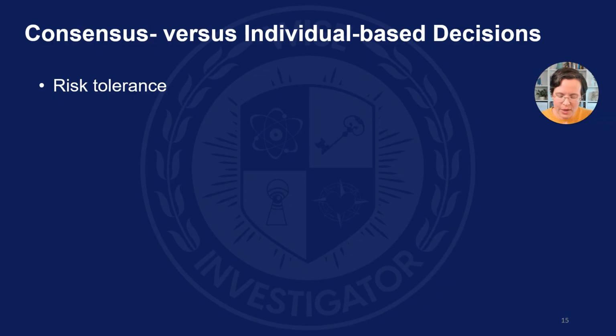The individual-based decision and the tolerance to risk that you will find there is going to depend on the individual. So if the individual themselves is risk averse, then that individual could favor things that are risk averse. If that individual has a high tolerance to risk, then they could put something forward where there is a relatively high level of risk or perceived risk.